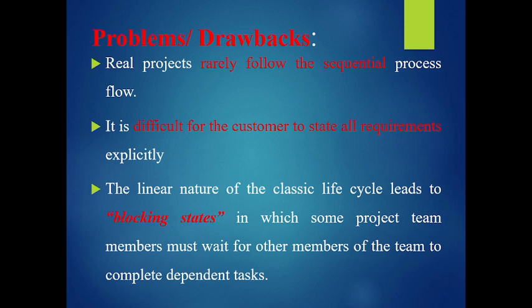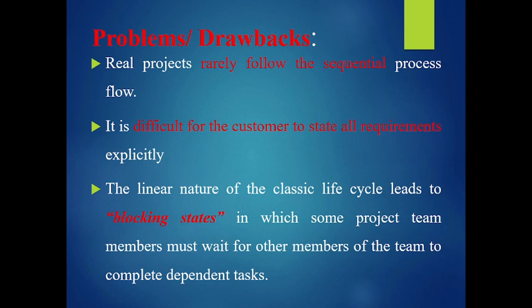The main drawback of this model is that real projects rarely follow the sequential process flow, because it is very difficult to follow the sequential flow. Then it is difficult for the customer to state all requirements explicitly.